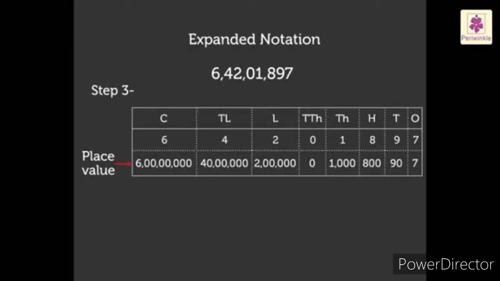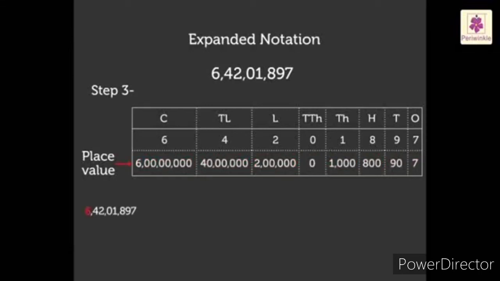Step 3. Write 6 crore 42 lakh 1897 as the sum of the place value of its digits.